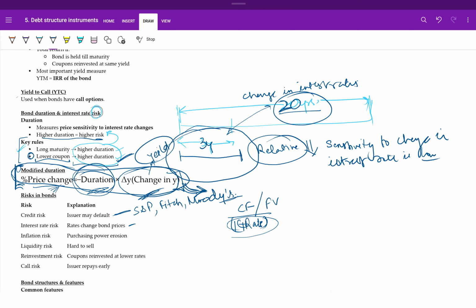Inflation risk means purchasing power erosion. Inflation reduces the purchasing power of the bond. This is a kind of risk, because we are investing for a longer horizon, more than 1 year at least.